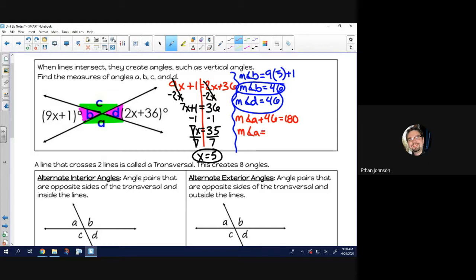So by taking 180 minus 46, we end up getting 134. Now, just like what we did for angle B and angle D, how they were across from each other, they're vertical angles, so they're congruent. Same thing is true with angle A and angle C. They are across from each other, so they too also have to be congruent. I know measure of angle C is also 134.